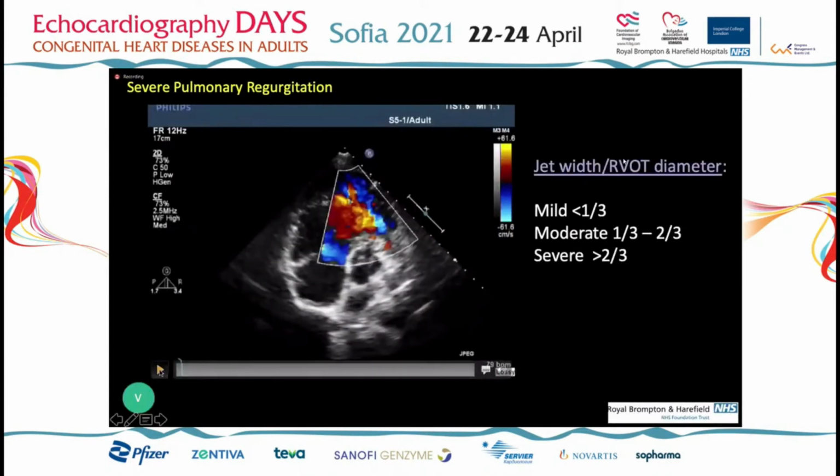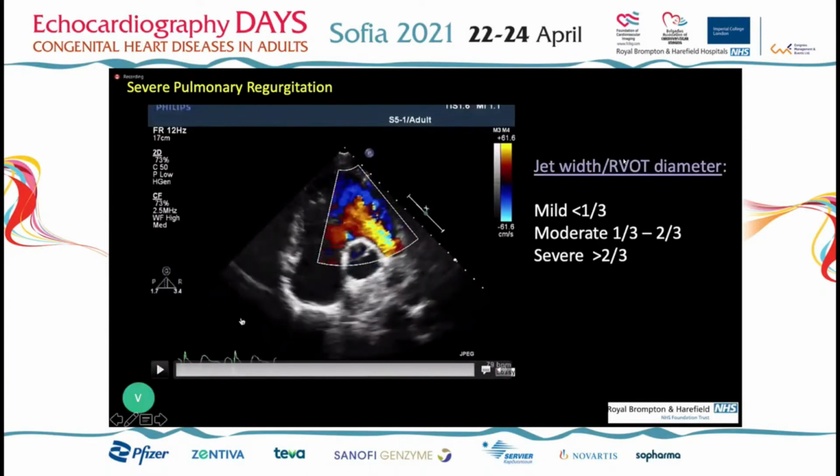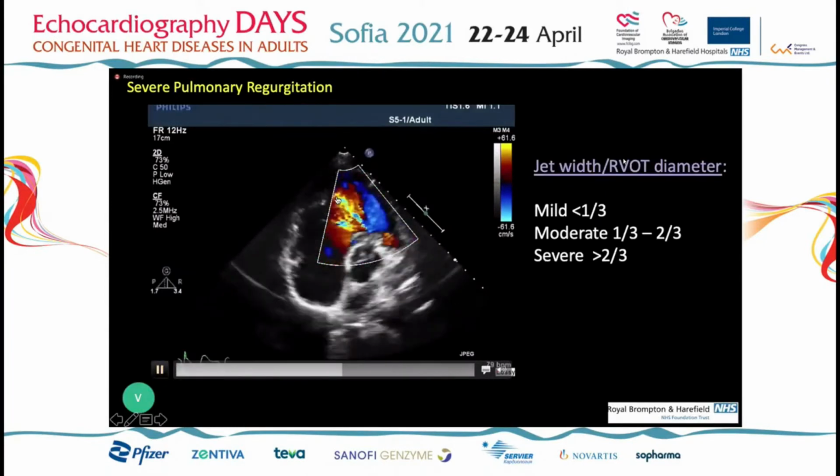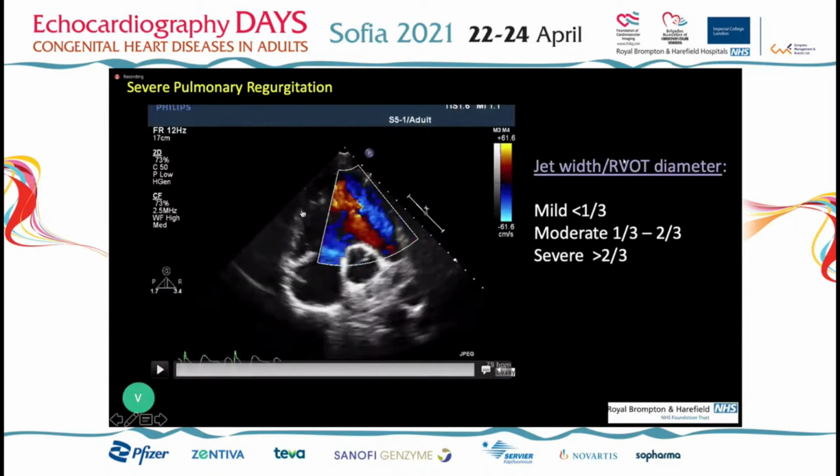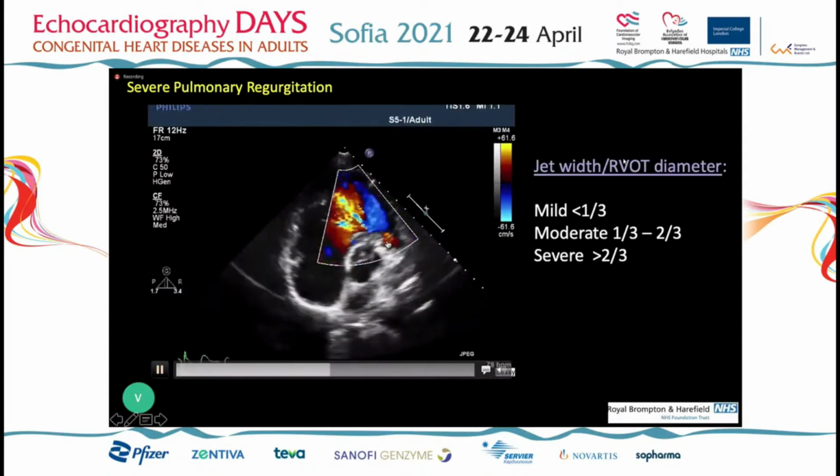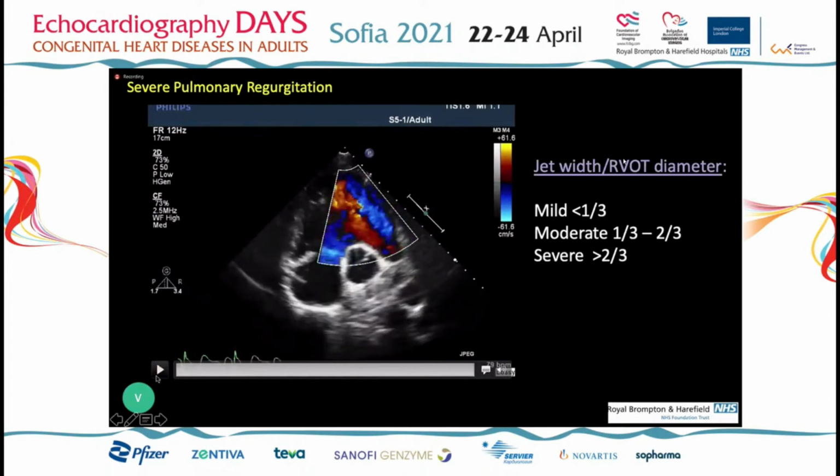So the color grading of severe pulmonary regurgitation, like in this case, for example: we see this patient has a severely dilated right ventricle at the level of the outflow tract, almost aneurysmal, and has very severe pulmonary regurgitation that fills most of the outflow tract. And we say that the jet width to RVOT ratio in diameter is mild when it's less than 1/3.